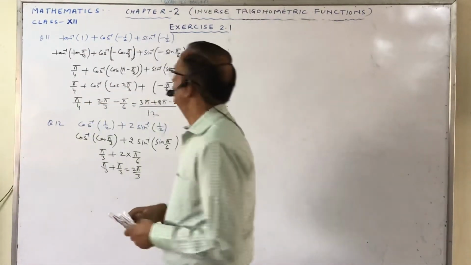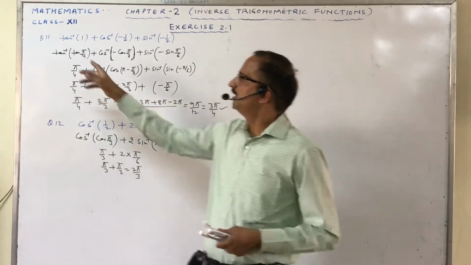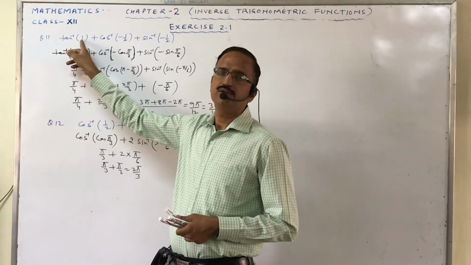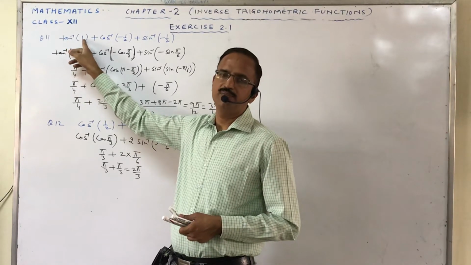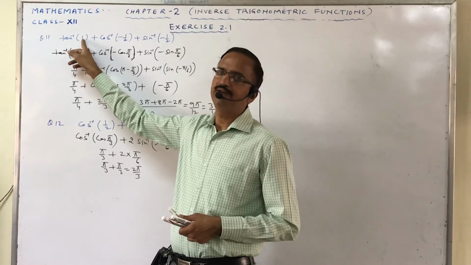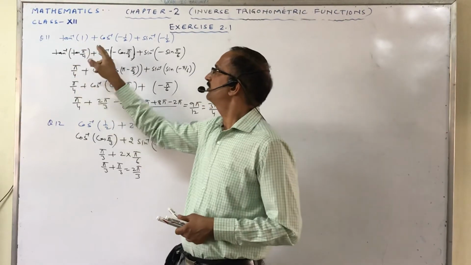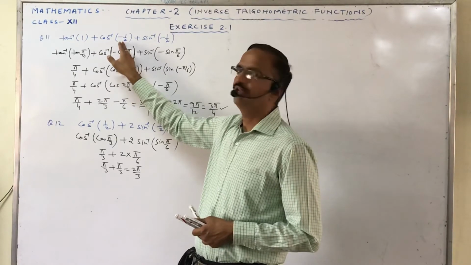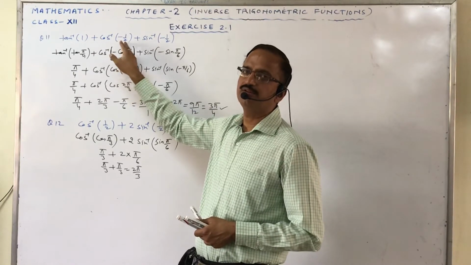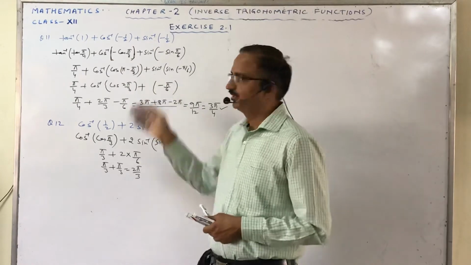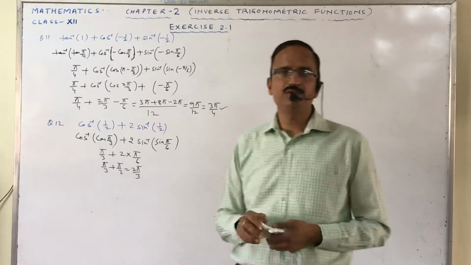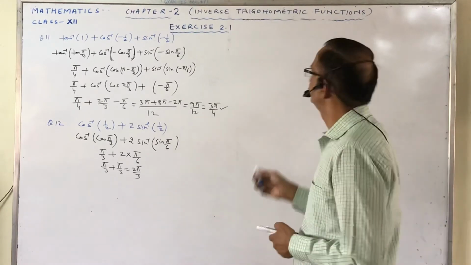So children, in these types of question, if this is tan inverse, then we must write the value in the form of tan. So in place of 1 we will write tan pi by 4. If this is cos inverse, then we must write the value in the form of cos in place of minus 1 by 2. Okay. Now I am considering one more question, that is MCQ question number 14.